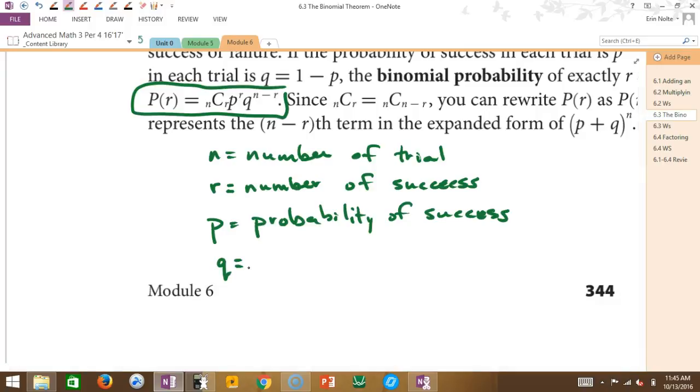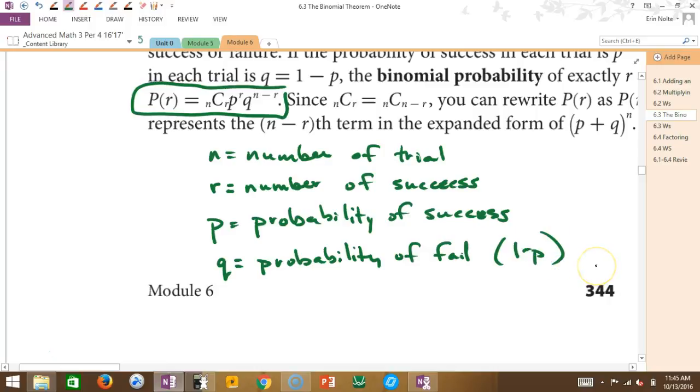Okay, and the Q is like the exact opposite of your success. So fails. Your probability of a fail. To figure this, by the way, you simply do 1 minus your P. Why 1?